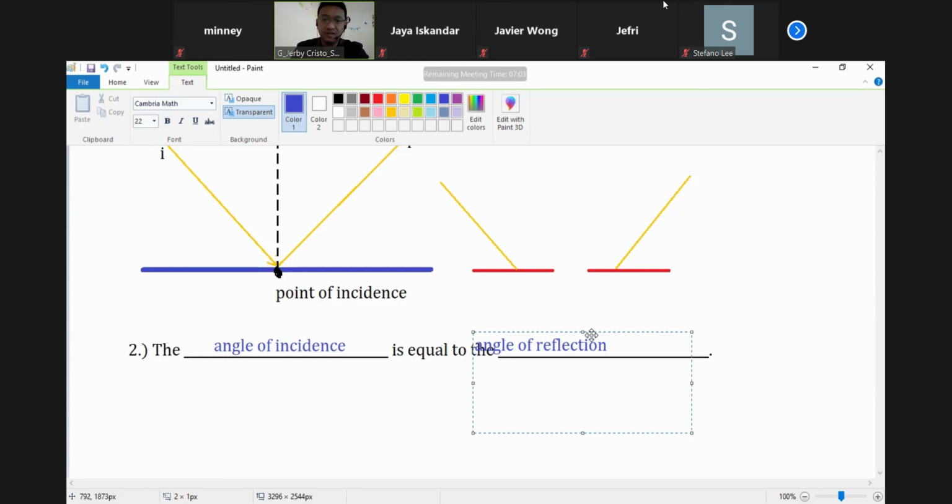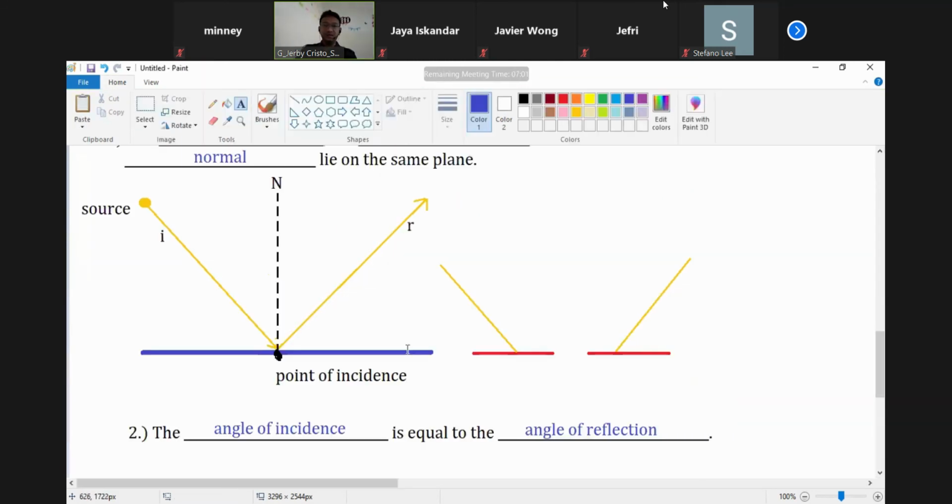So they must be equal. How is that? We have an angle from the incident ray to the normal. What do you call that angle? Angle of incidence. Yes, we call that the angle of incidence.